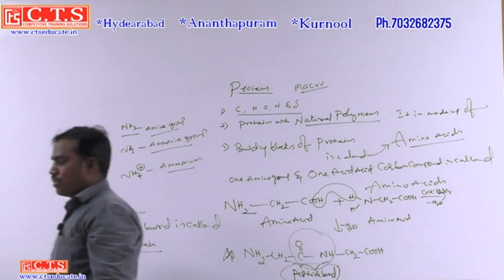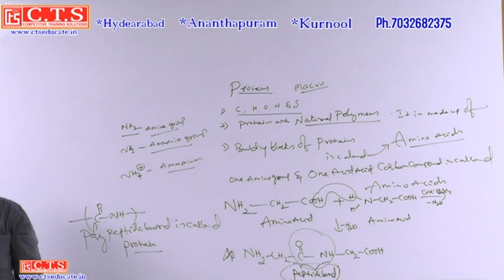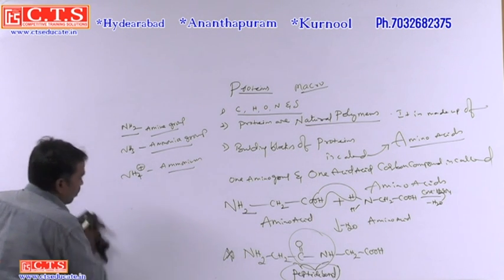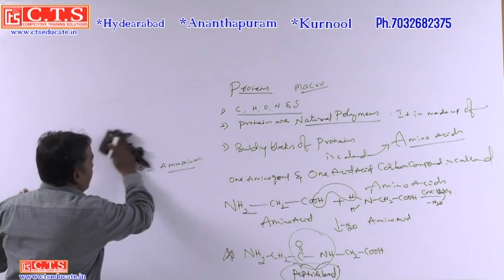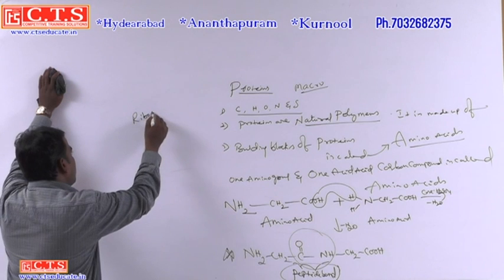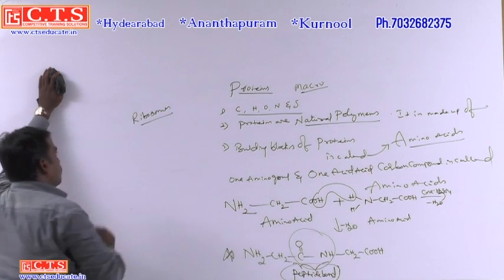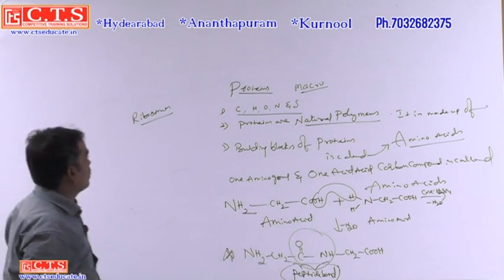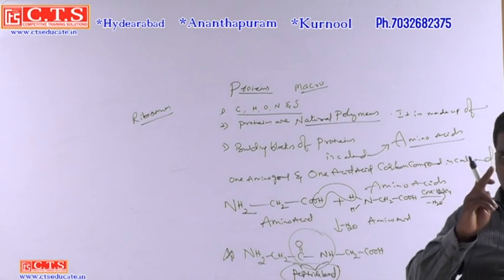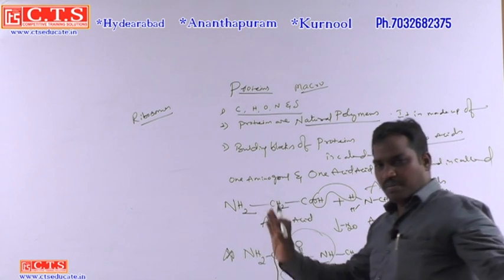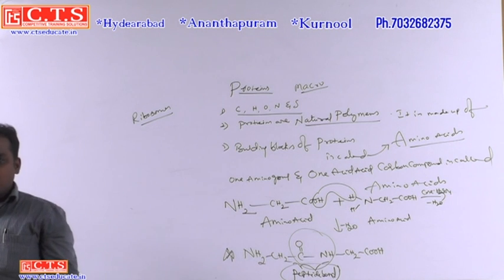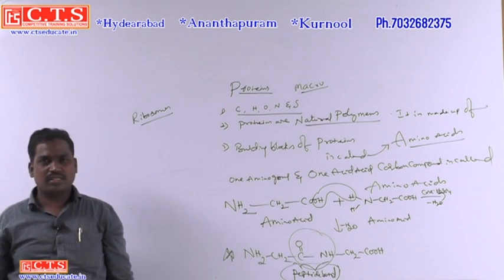Next one. Protein factory is called ribosomes. Three questions are there. One: body builders are called proteins.